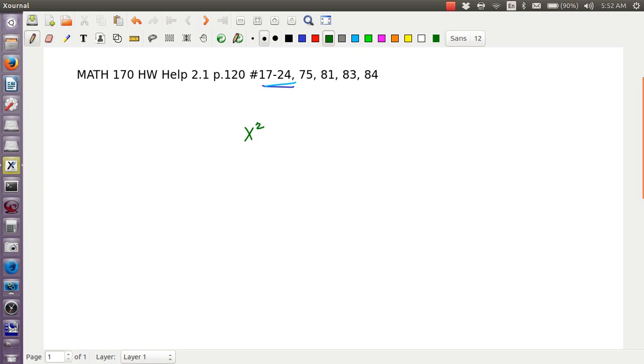X squared plus 34x, plus 289. Again, yours should be easier than this. This is one of the higher number questions in that same set. So what are the x-intercepts? I don't know. What are the factors of 289? I hope that one of the factors is either a 34 or maybe a 17, possibly.